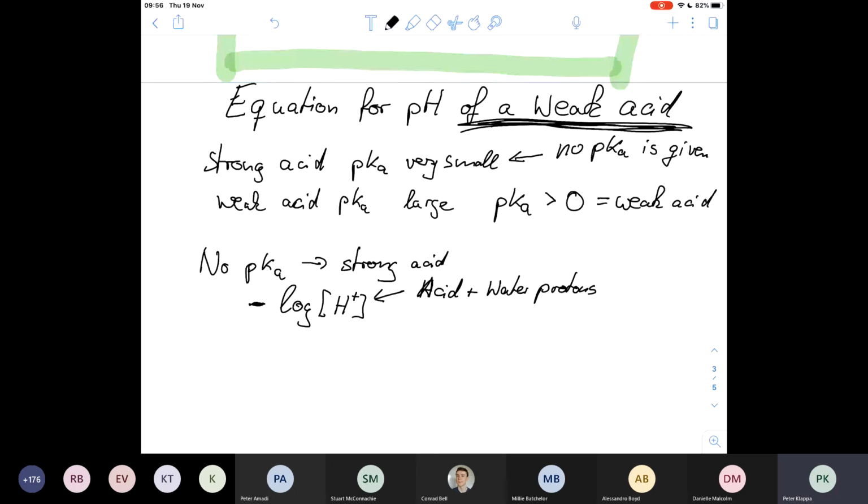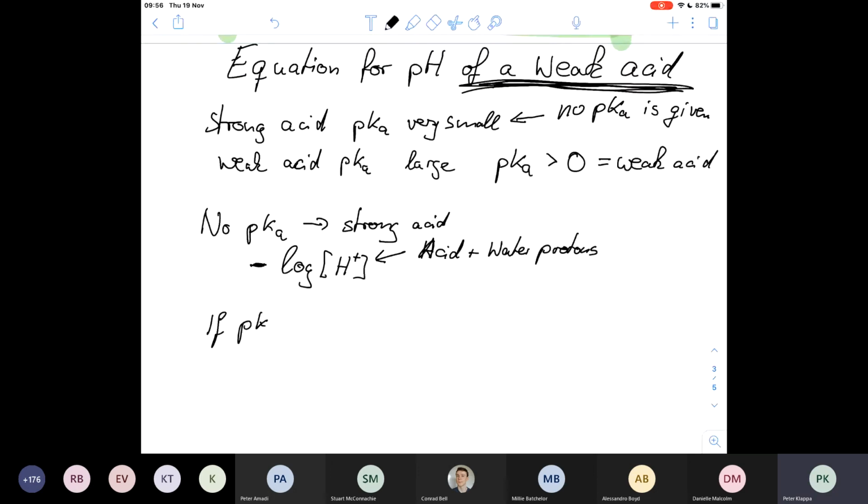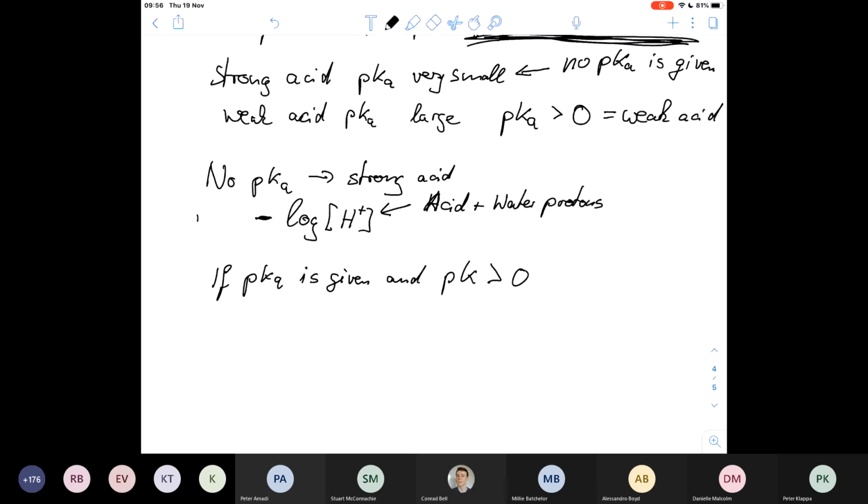If pKa is given, and pKa is larger than 0, then pH equals 1/2 of pKa minus log of the acid concentration.